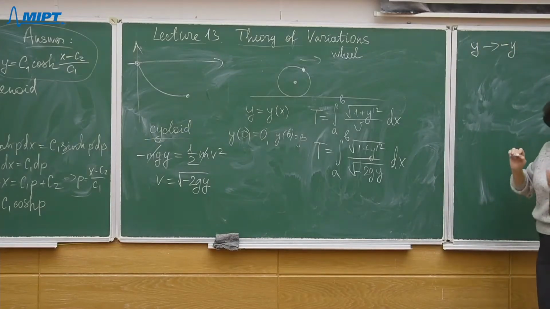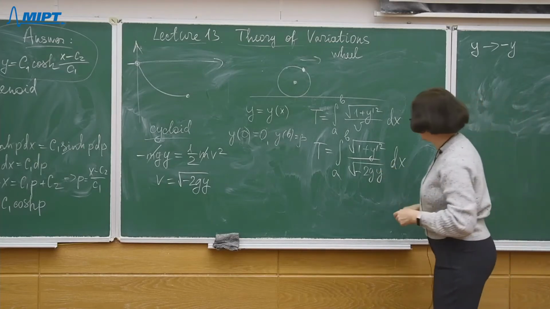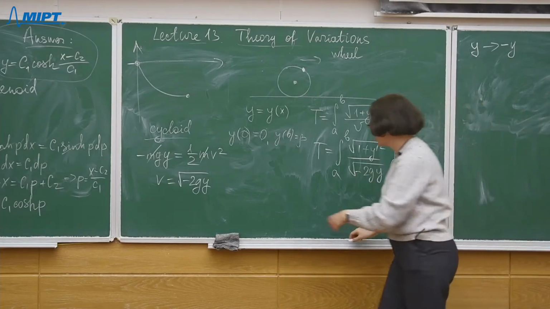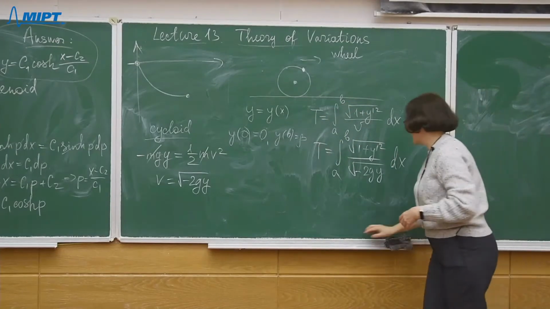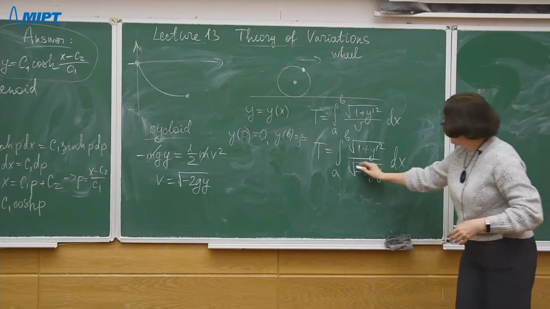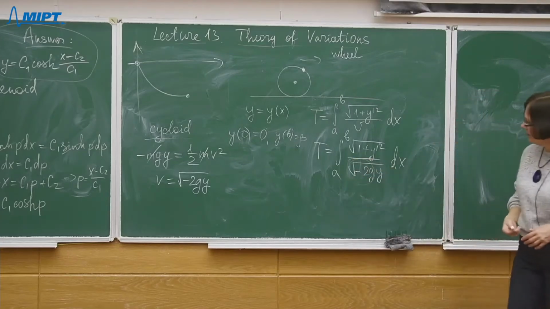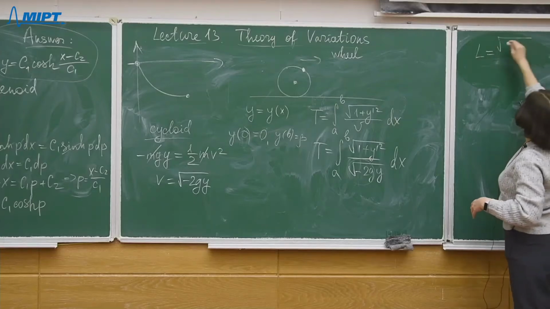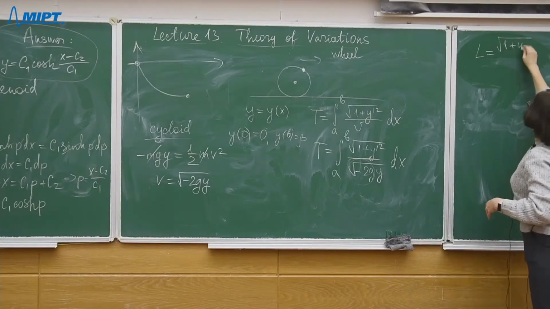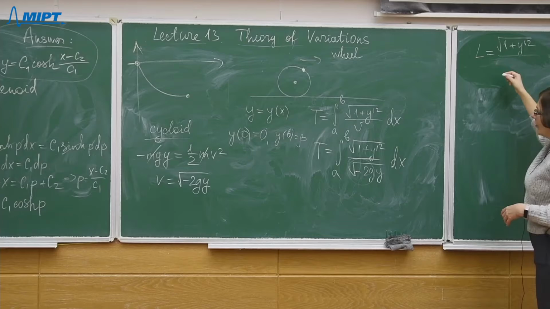Or maybe let's leave it this way. So it will be the root of minus y. This is a fixed constant, and we will consider the Lagrangian in the form root of 1 plus y prime squared over root of minus y.